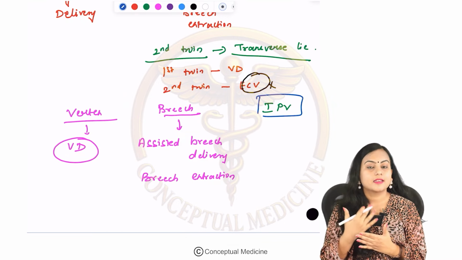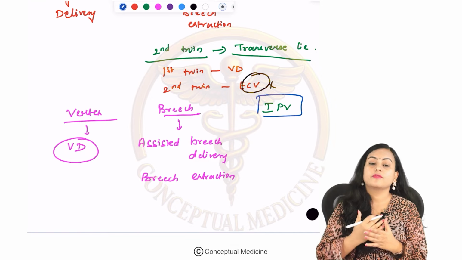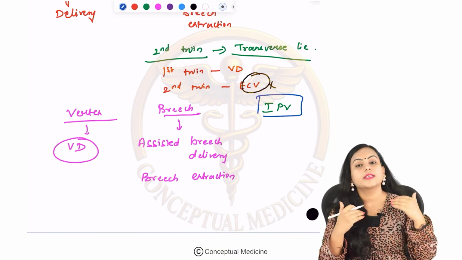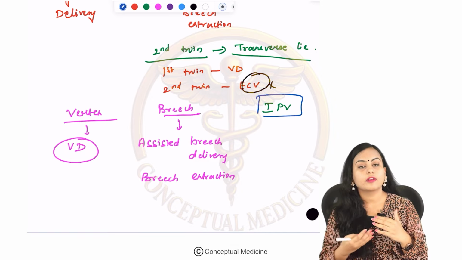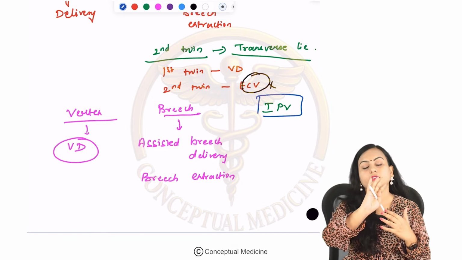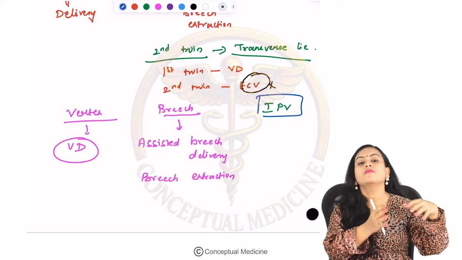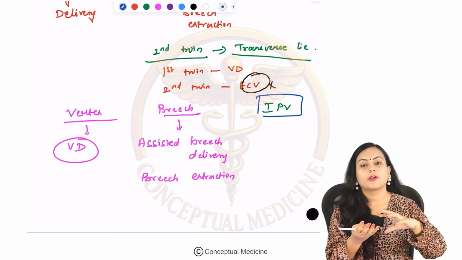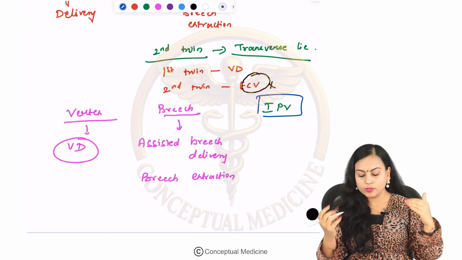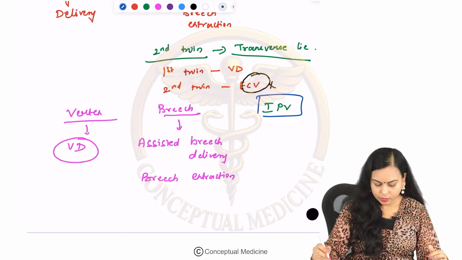Okay, so external cephalic version means we moved the baby through the abdomen, whereas an internal podalic version means we will be passing our hand into the uterus itself and trying to catch hold of either the vertex or the podalic part of the fetus and bring it down. Mostly we will be trying to catch the podalic part.